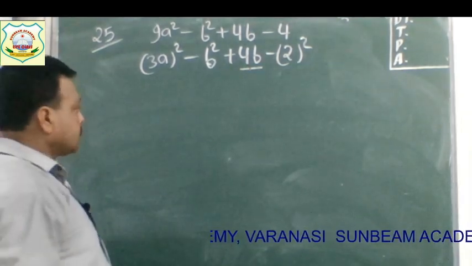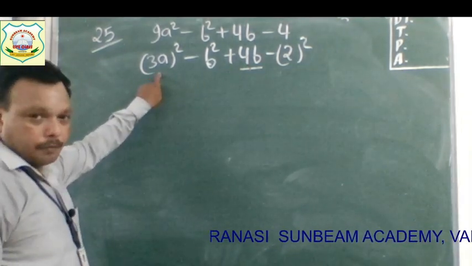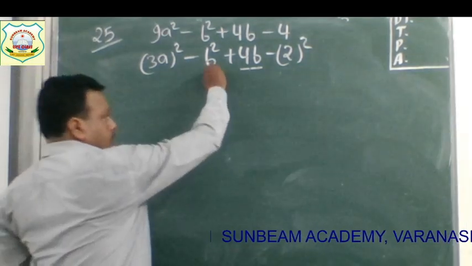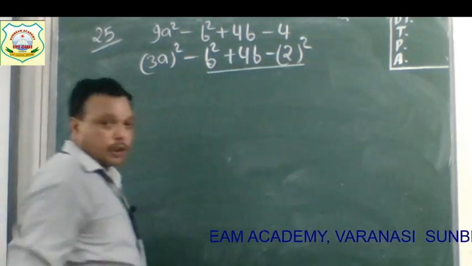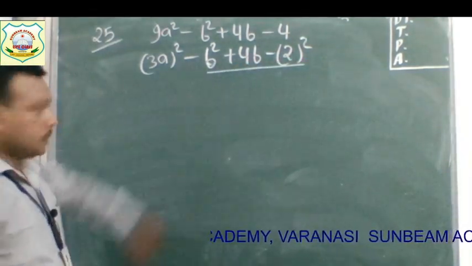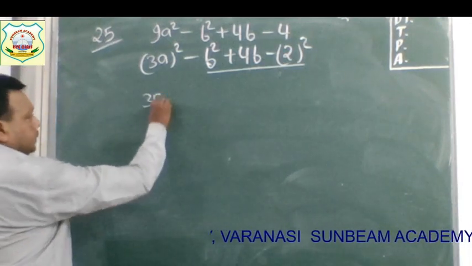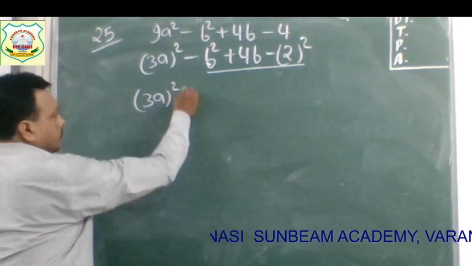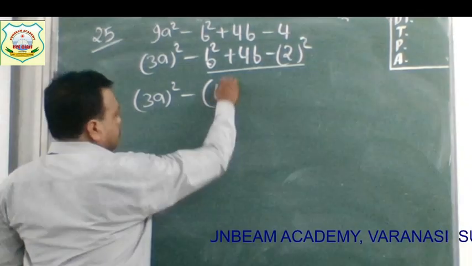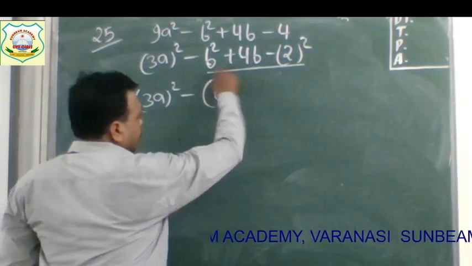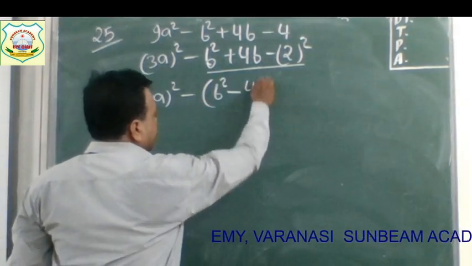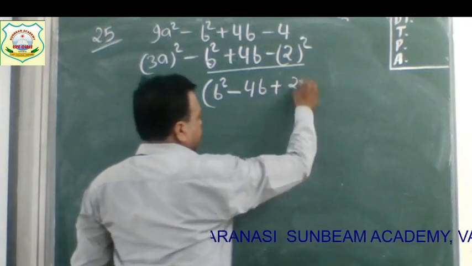If it is not a here, we will not take this value. So what will we take? This complete value. First of all, we will do it in a group. 3a whole square, in bracket. When we do it here, b square has a minus outside, so the sign will change: minus 4b and plus 2 square.